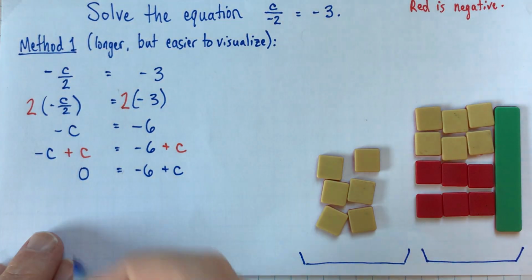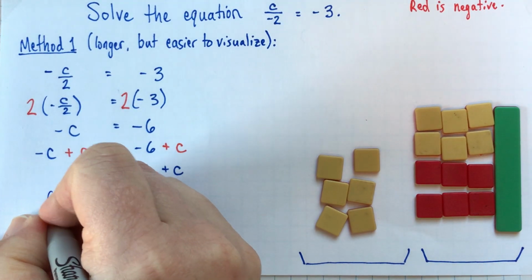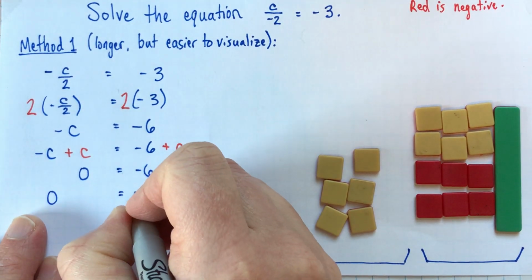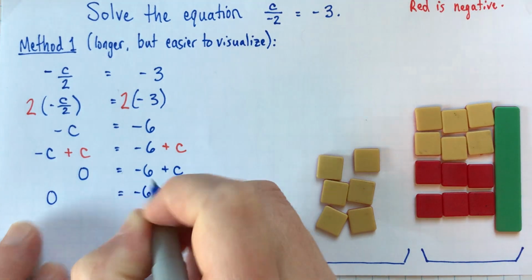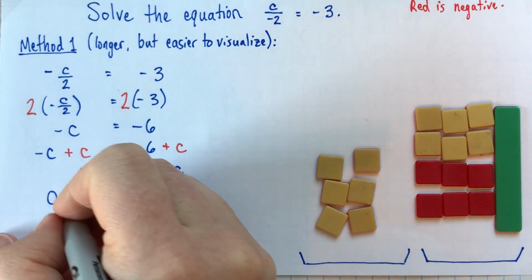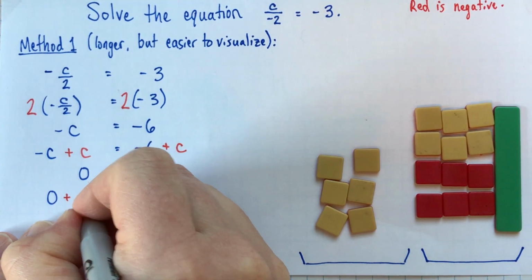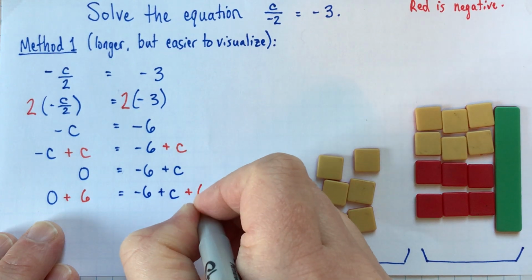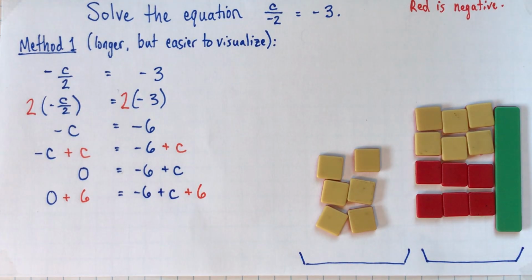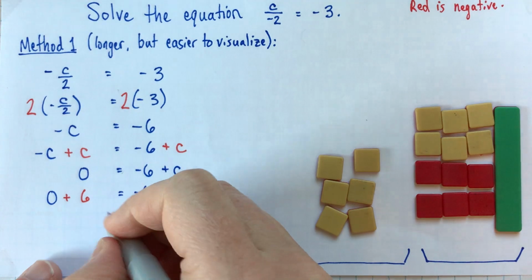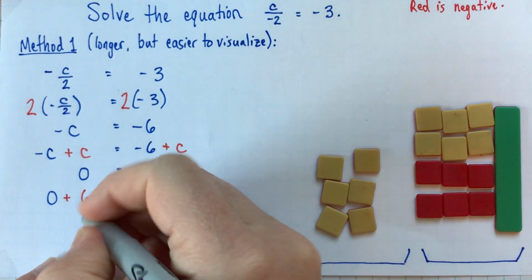Okay, so I'll write that down with the algebra as well. So +6, +6. So what we get, of course, on the left side, easy peasy, that's 6.